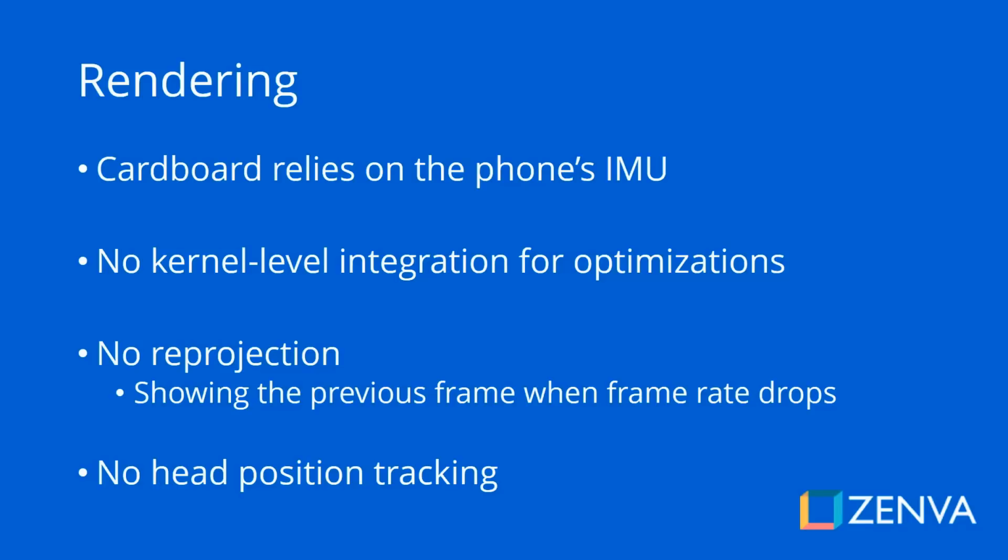When the frames per second of your game drops a little bit, in these other platforms the previous frame that was shown will be reprojected again, so that the frame rate doesn't drop, and people usually never notice that, so the experience will feel a lot more smooth. Whereas with Google Cardboard, that feature is not present, so the games might feel a little bit jagged as well, especially if there's a lot of processing taking place.